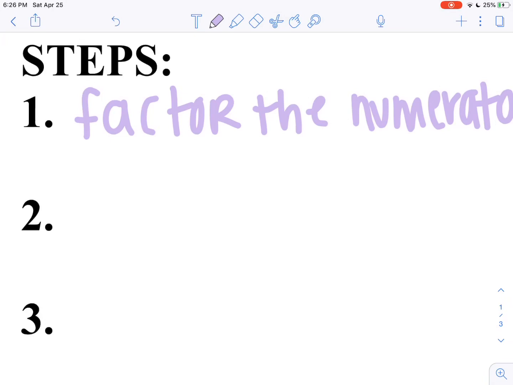Okay, and then once you do that, cross out your matches.